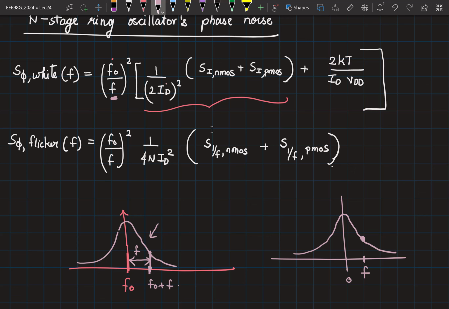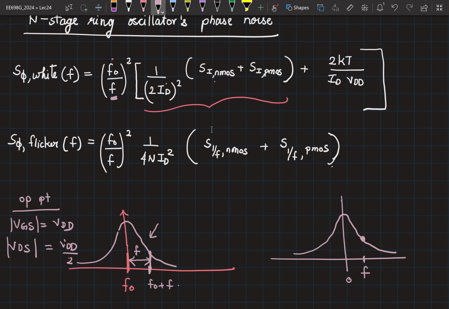ID is the drain current. We calculate the drain current of NMOS and PMOS for a very particular operating point. And that operating point is given by VGS equal to VDD, VDS equal to VDD by 2. I'll put mod here because the same holds true for both NMOS and PMOS.